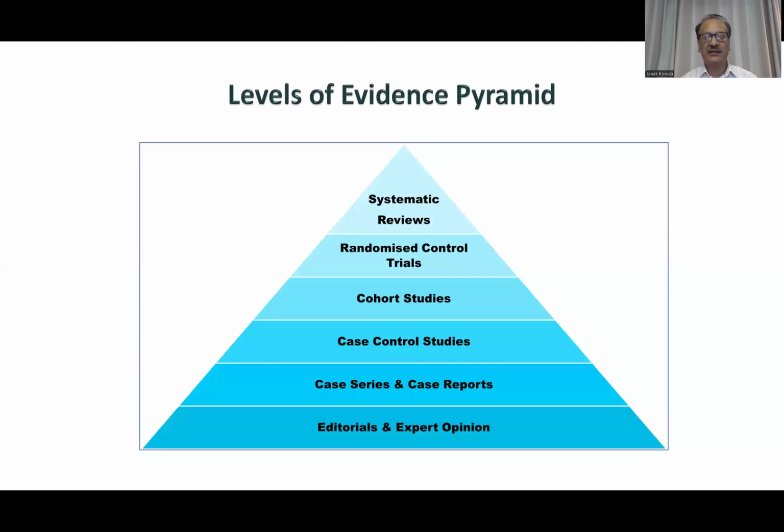And above that, case control studies, then cohort studies, randomized control trials or RCTs at almost the top of the pyramid. And of course, systematic reviews combine the various results from randomized control trials, cohort studies, case control studies, or even case reports and case series to come up with a composite result and recommendations.